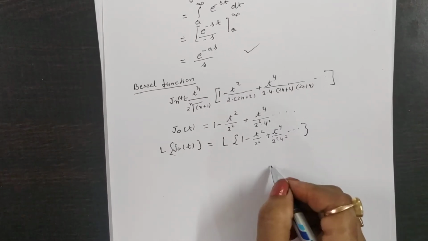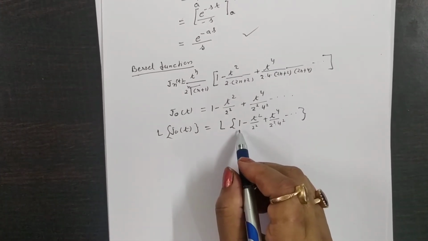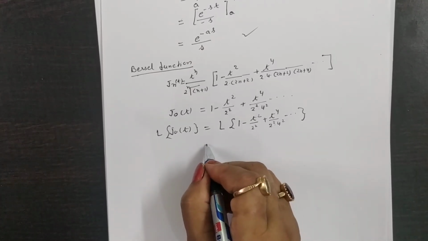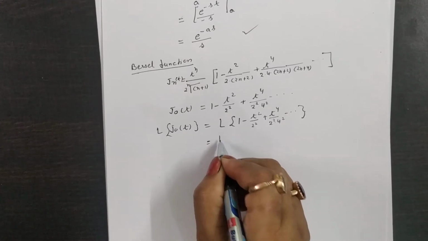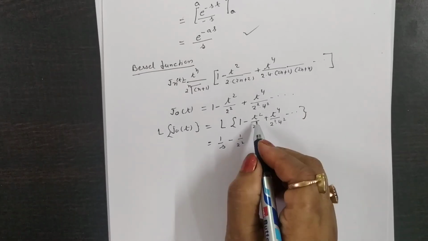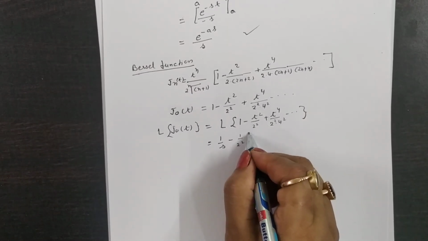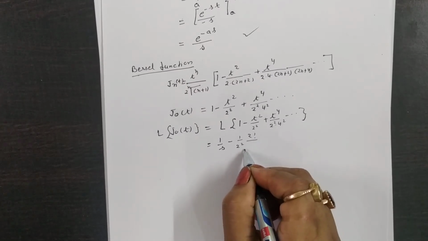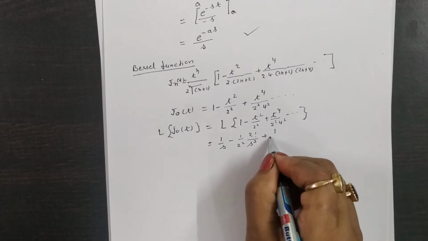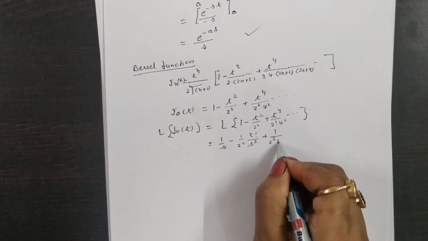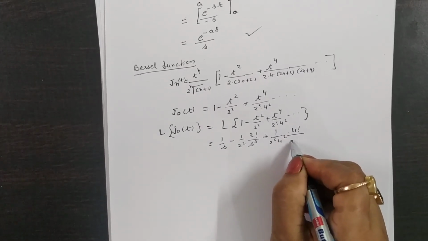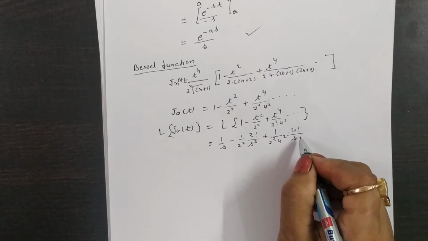You know the value of the Laplace of 1, which is 1 by s. Applying the formula for Laplace of t to the power n, this can be written as 1 by s, minus 1 by 2 square times the Laplace of t square, which is factorial 2 divided by s cube, plus 1 by 2 square, 4 square times factorial 4 divided by s to the power 5.